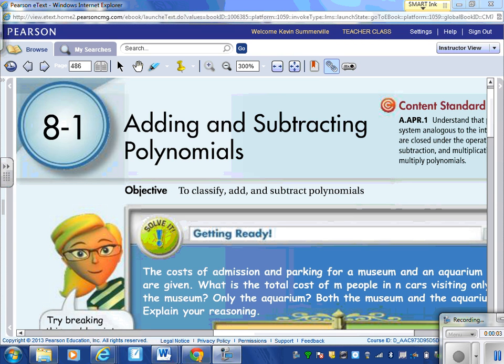Today we're going to look at section 8.1, adding and subtracting polynomials.